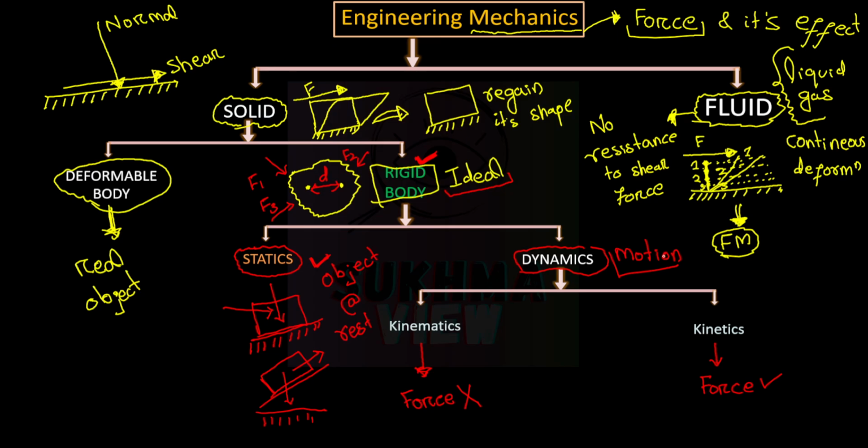This motion part is further classified into two types: kinematics and kinetics. In the kinematics part, we talk about displacement, velocity, acceleration, all these things, without considering force. That means we are not concerned about the cause. We don't know how the motion is being produced.